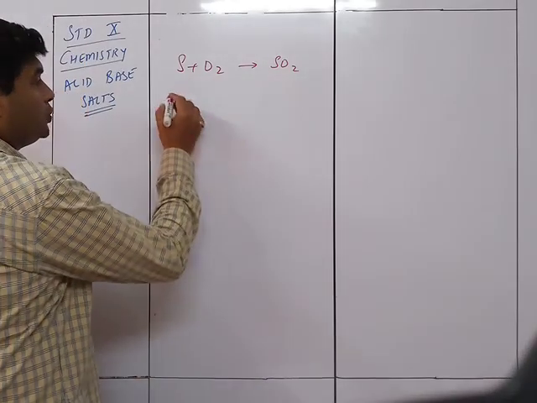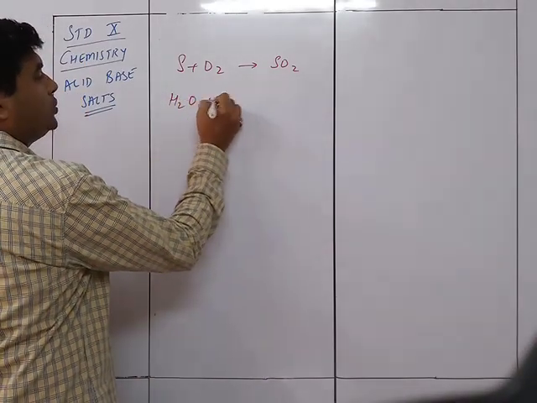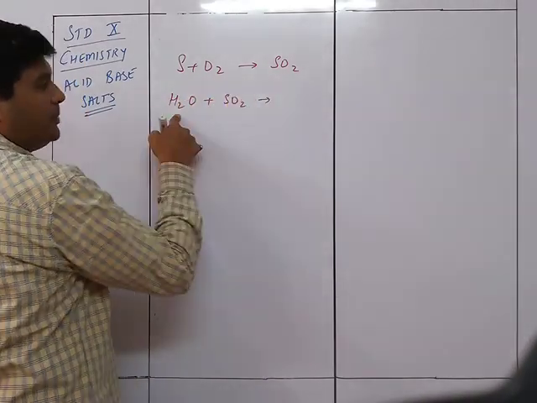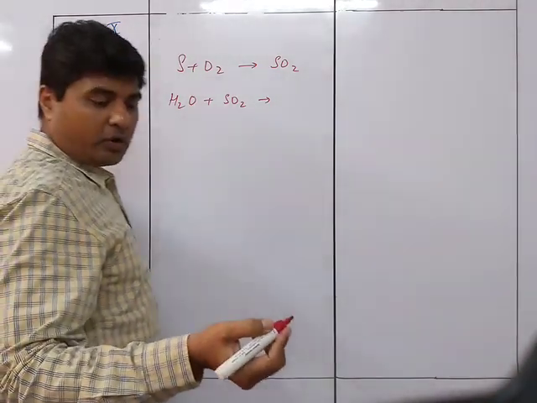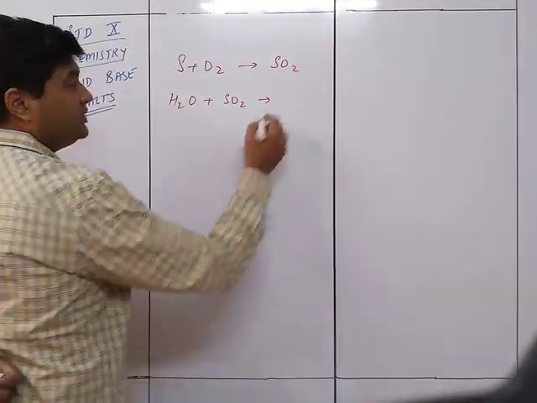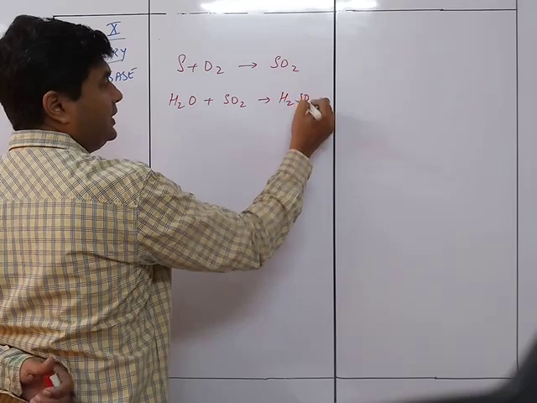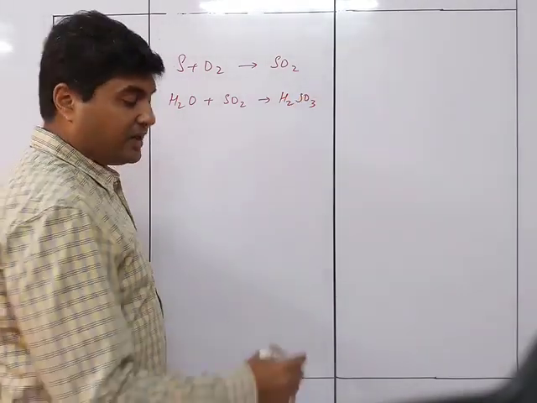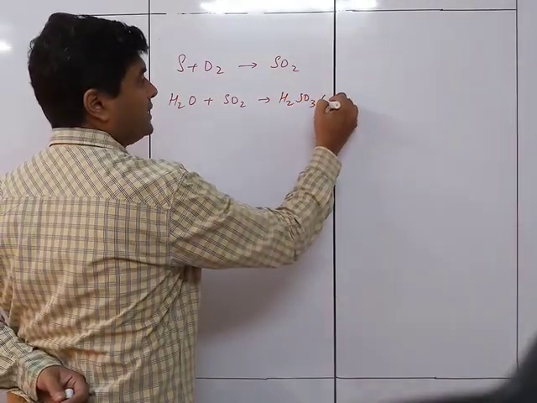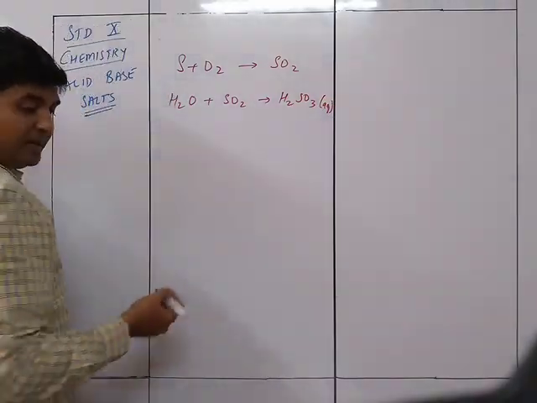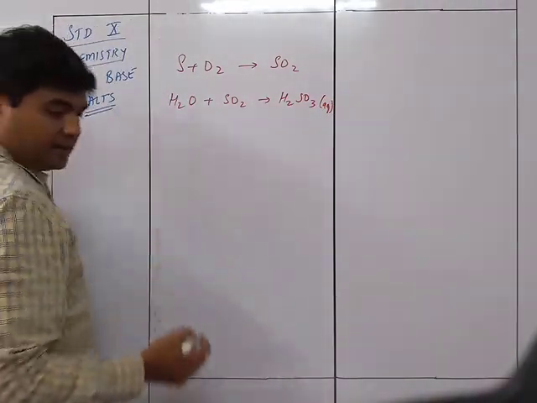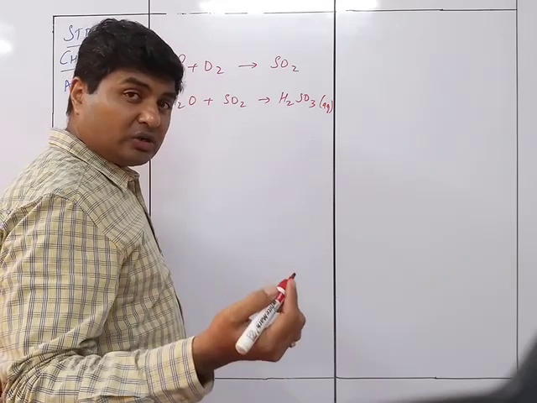And then this SO2, H2O plus SO2, where the water will be available in nature in the form of water vapor, is going to give rise to H2SO3. That is nothing but the acid. This is an aqueous solution. So that is aqueous form. Similarly, there could be a possibility that SO2 further gets oxidized to SO3.